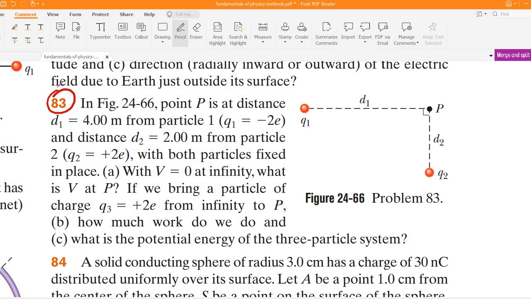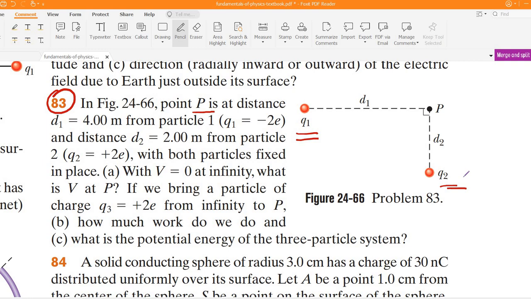Okay, last problem is 83. Alright, so what about 83? Here we have point P at a distance D1 from Q1 and D2 from Q2. Both particles are fixed in place, so Q1 and Q2 don't move. With V equal to 0 at infinity, what is V at P?